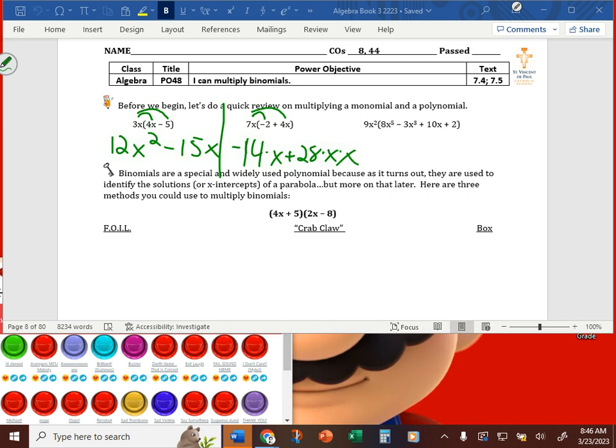Because according to the order of operations, we have to multiply before we add, but we don't know what x is. So we can't multiply negative 14 by x or 28 by x and by x again. We don't know what that value is. So until we can multiply, we have to keep these separated, because that has to be done before we would add them, right? When we're multiplying, all bets are off.